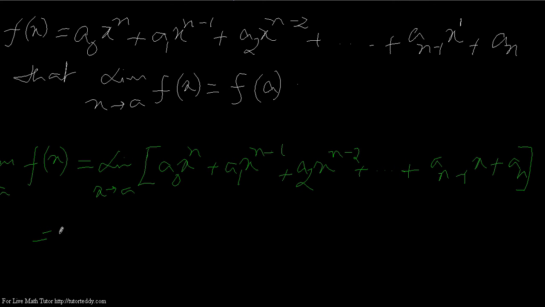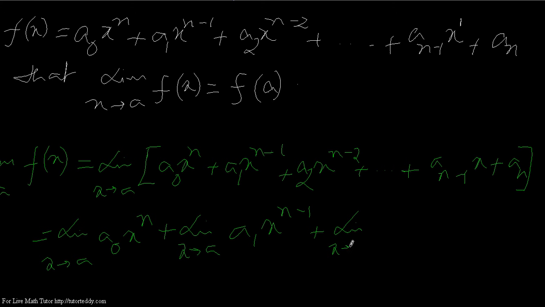So using that theorem, we now get limit x tends to a a0 x to the power n plus limit x tends to a a1 x to the power n minus 1 plus limit x tends to a a2 x to the power n minus 2, plus it goes on.